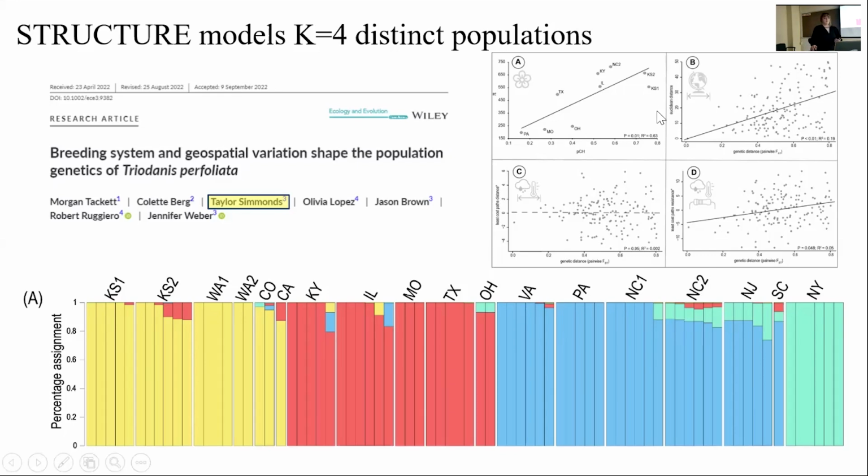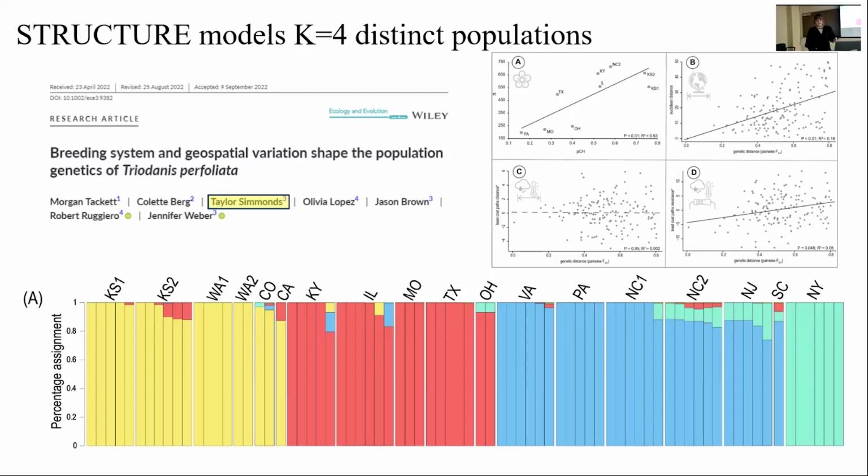And then for B, C, and D here, she was looking at different relationships based on distance and climate data. And generally across the board, she found that distance is a good predictor of genetic connectivity, which logically makes sense. The closer together populations are, the more likely it is that there'll be some sort of gene flow than populations on the opposite side of the map.